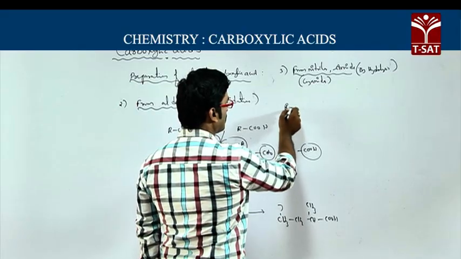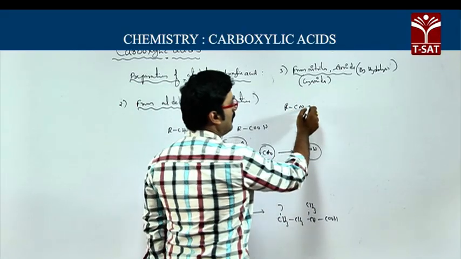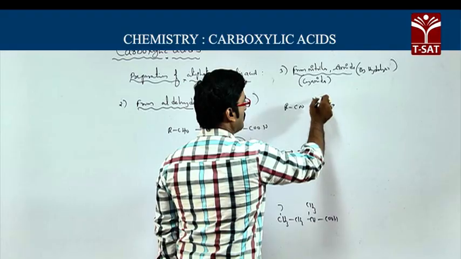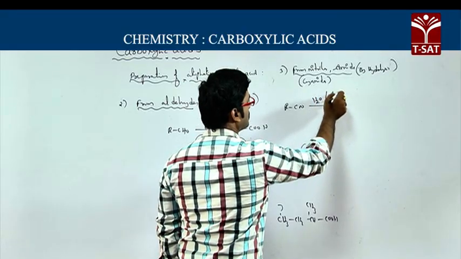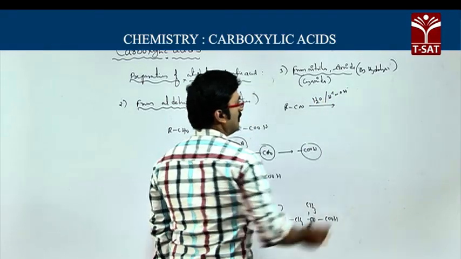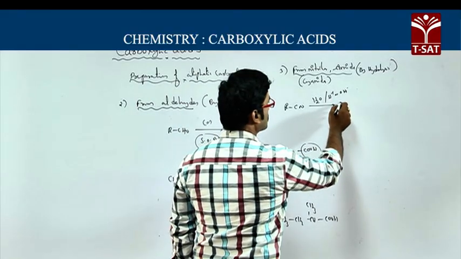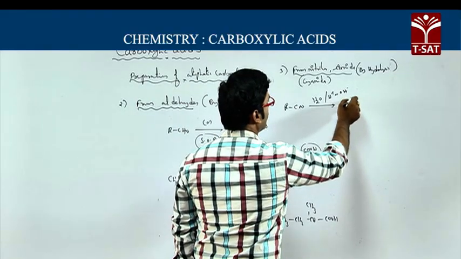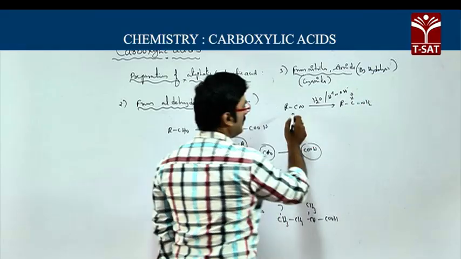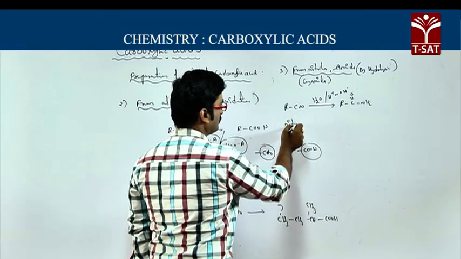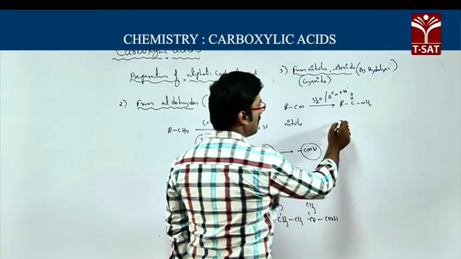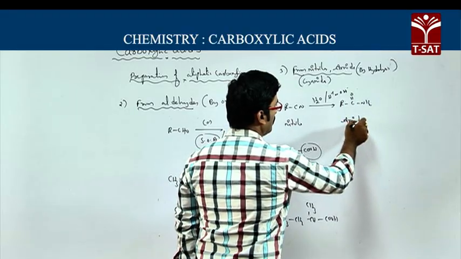Cyanides, R-CN, on hydrolysis in the presence of acid or base, OH minus, first produce R-C double bond O-NH2. These are nitriles, and these are amides.